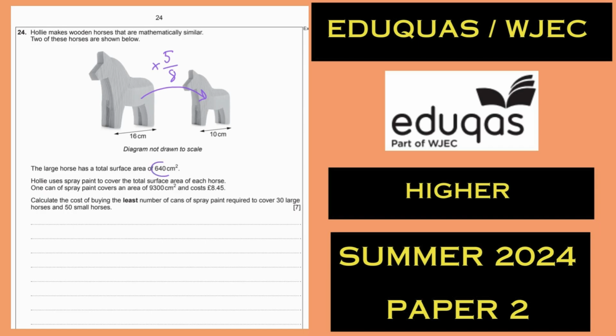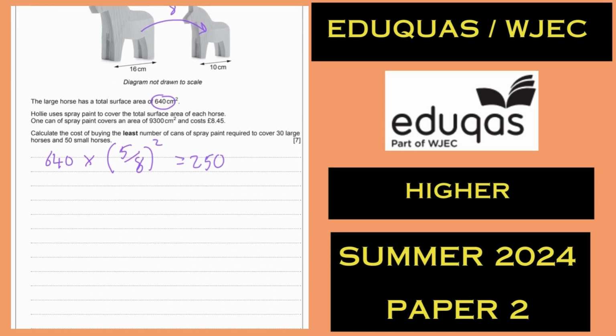Large horse, surface area is 640. For the surface area of the smaller horse, you need to multiply by the linear scale factor squared. Happens to give you a nice number. Surface area of the small horse, 250. Well, we're now into the final phase.